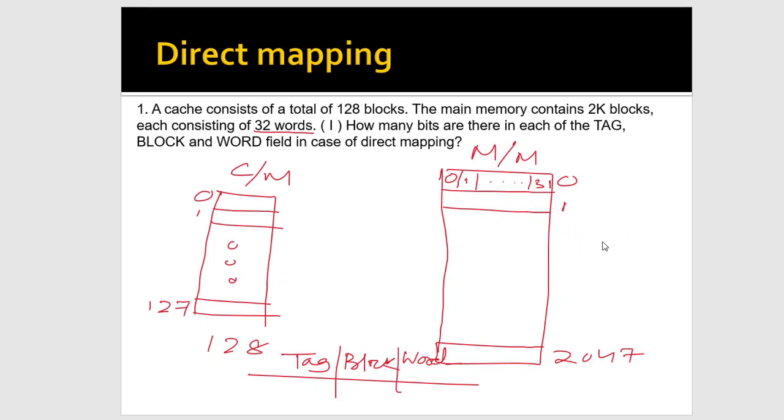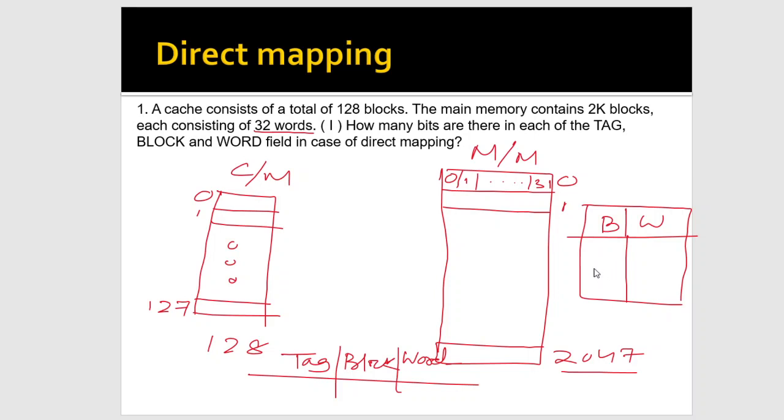Okay, so how to know? In parallel, I have to do the memory addressing. Memory is divided into block as well as word. So what is the number of blocks? 2048. In order to represent 2048, the number of bits required is log 2048 to the base 2.